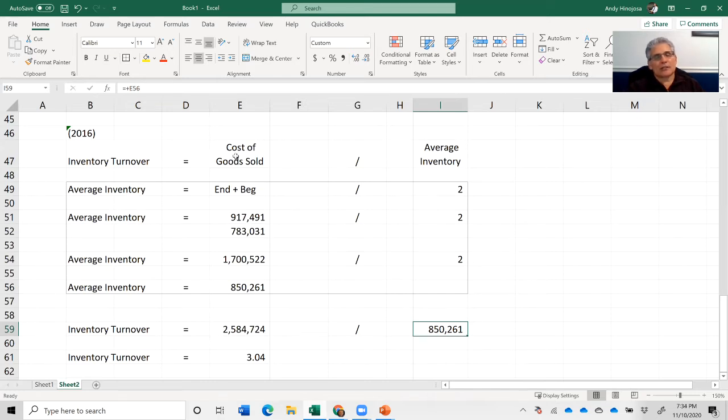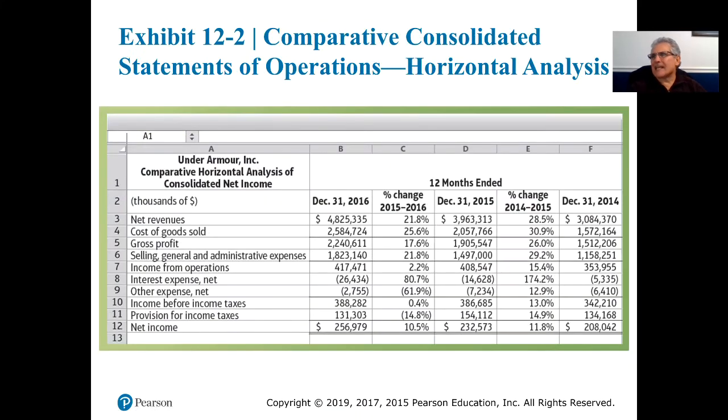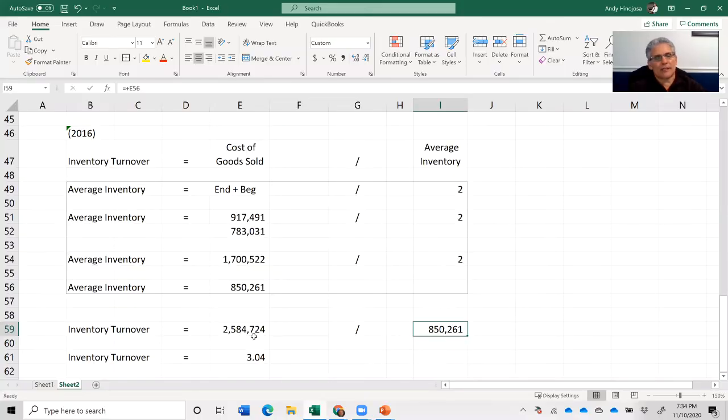Now we need to figure out the cost of goods sold. Well, we'll go to slide 10, and we'll see that on slide 10, the cost of goods sold is equal to 2,584,724. So we're going to take that number divided by the average inventory of 850,261, and that gives us 3.04.